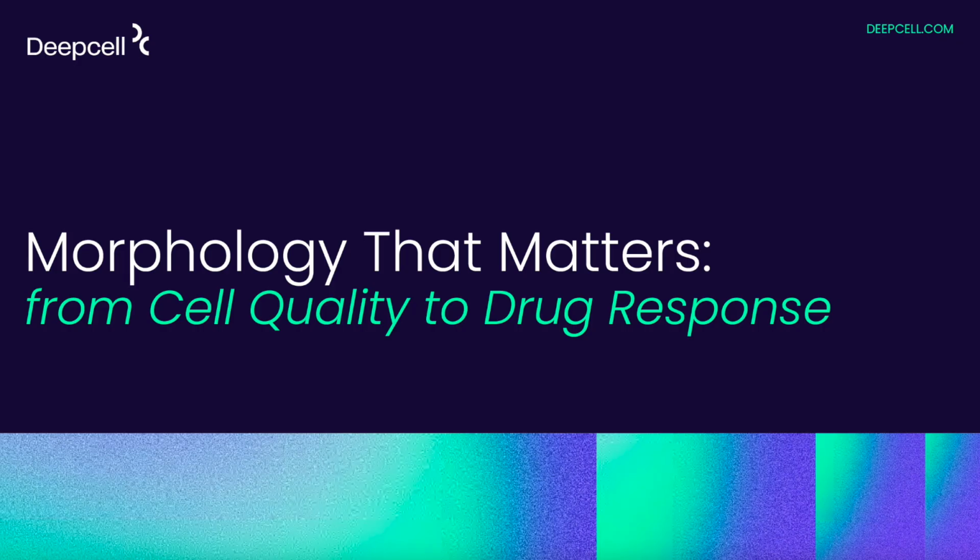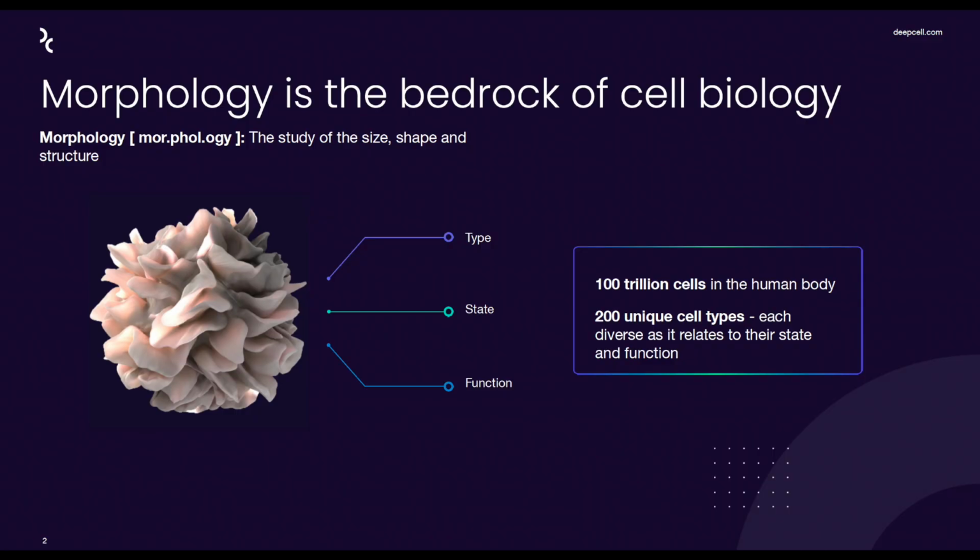All right. So morphology is the bedrock of cell biology. Morphology is the study of form and structure. Cellular morphology forms the foundation of cell biology, as the structural organization of cells underlies their functional capabilities, whether that's cellular division, motility, or a cell's ability to launch an immune defense.